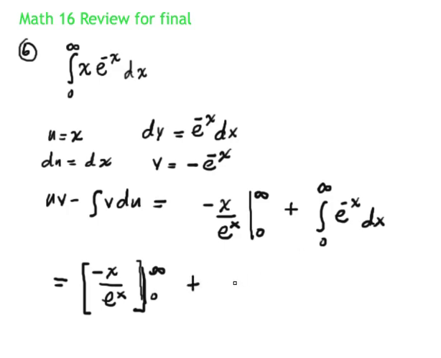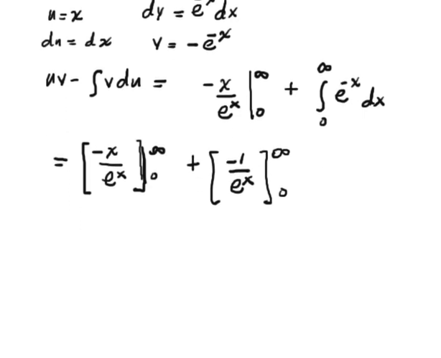That will be minus e to the minus x, so I'll write it as minus 1 over e to the x, and we're going to evaluate between 0 and infinity. Now let's replace infinity by r. So we're going to take the limit as r goes to infinity of minus x over e to the x minus 1 over e to the x.